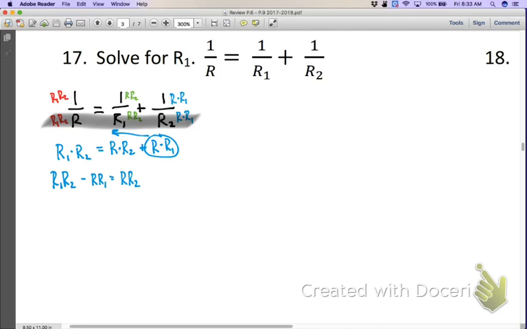What do I need to do over here on this side to get r sub 1 by itself? What did I do on the last problem? It was already broken up, but what was really happening? Can't I just factor it out? Right? Remember doing that?